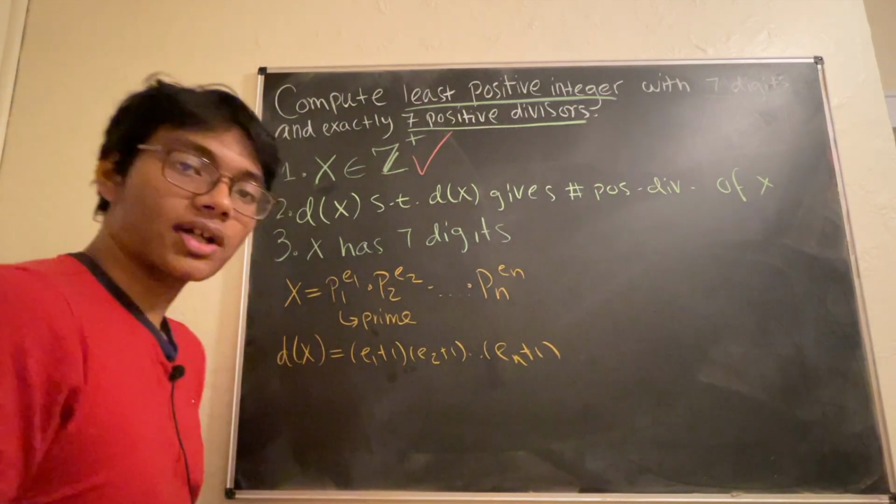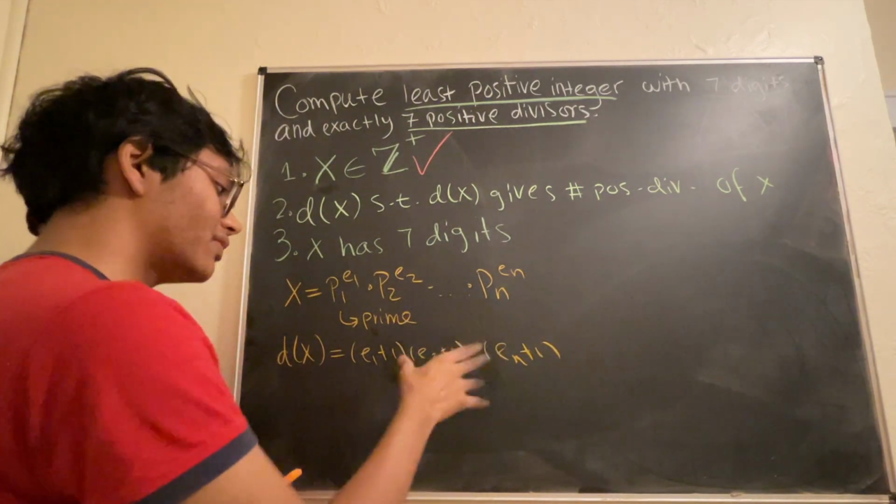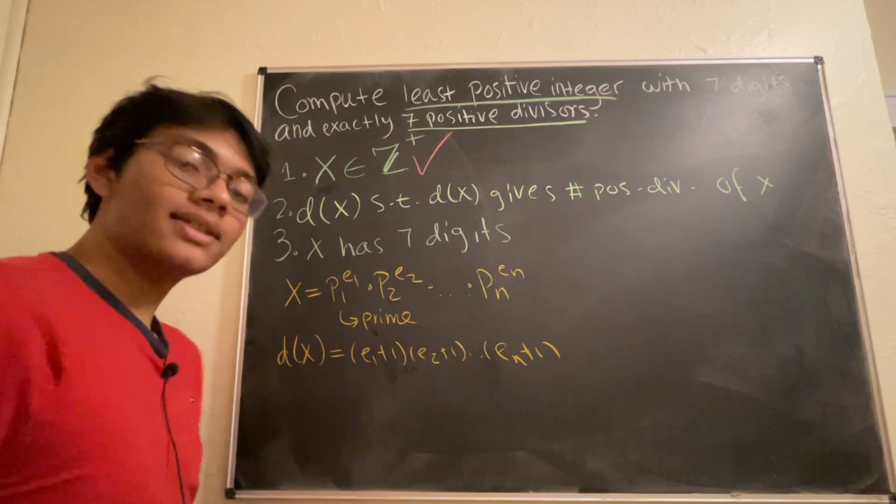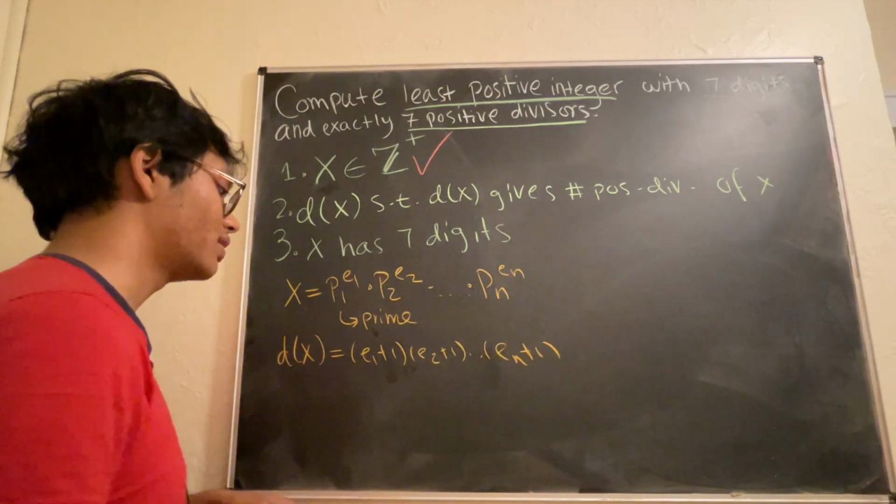You can check out the proof independently, but that is the positive divisor function formula.